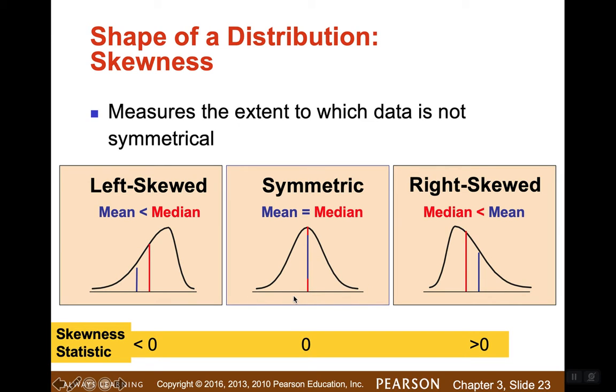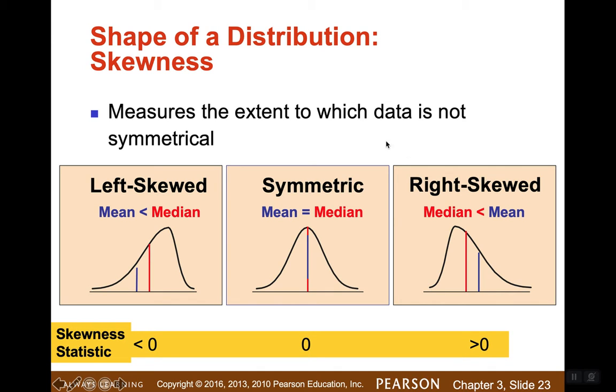If the mean is less than the median, what that means is we have left skewed data. So here's our median, and here's the mean. If the mean is to the left, that means we're left skewed. And conversely, if the mean is to the right of the median, that means it's right skewed.